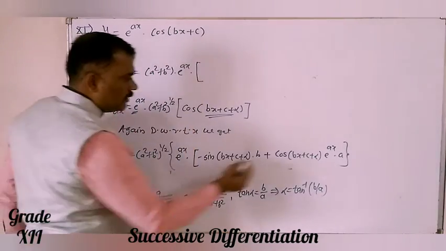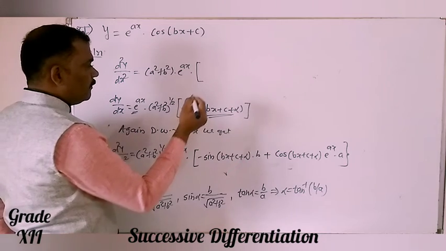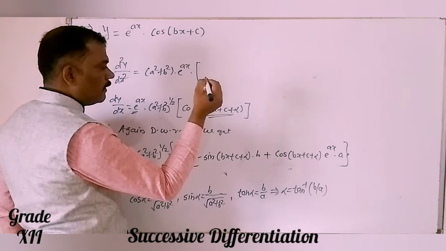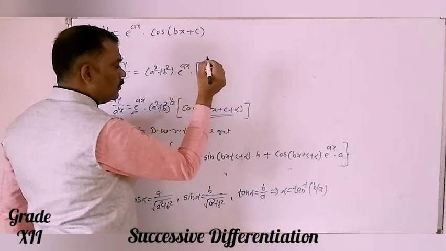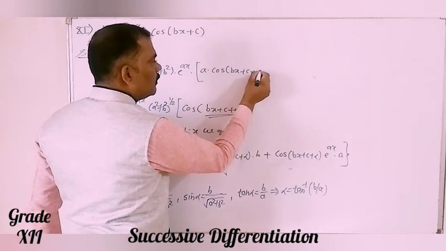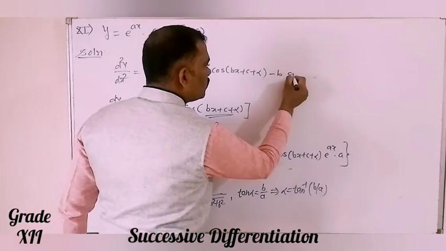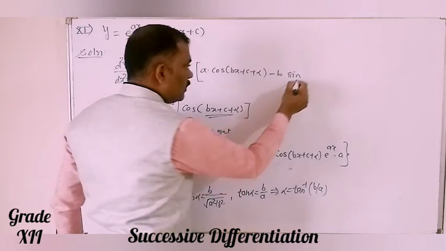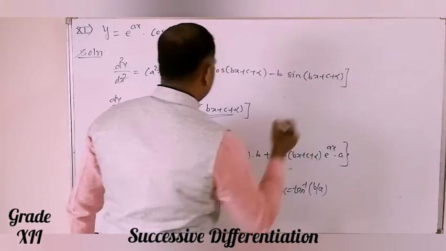Now we have to rearrange this positive term. I will write first, so that I will get a into cos of bx plus c plus alpha minus b into sine of bx plus c plus alpha.